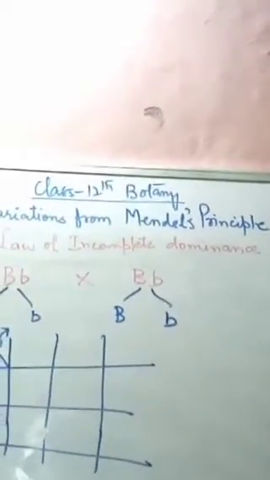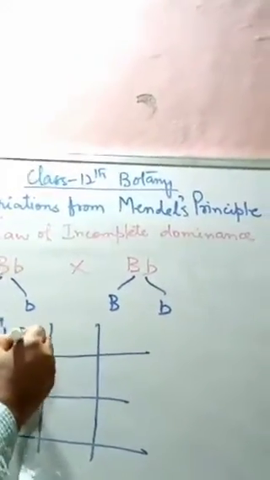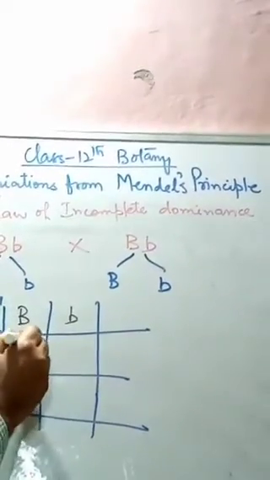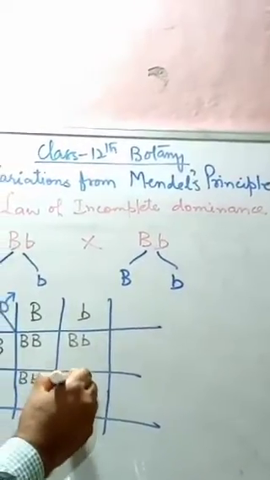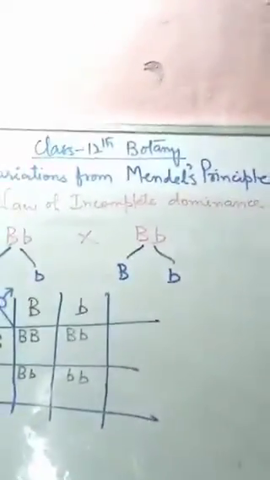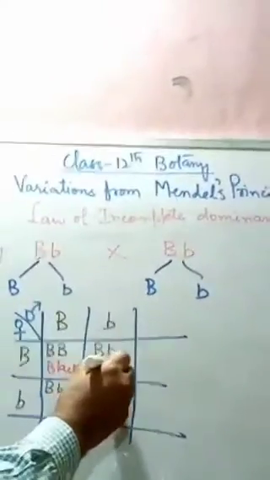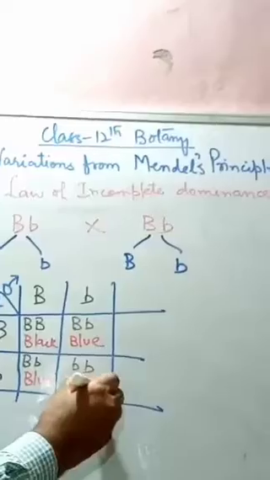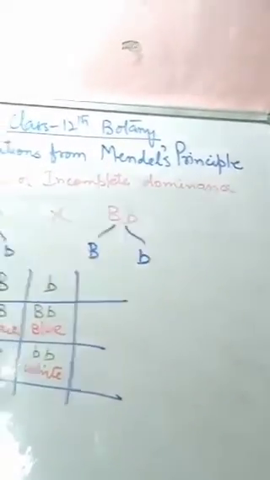Now from here also: capital B, small b, capital B, small b. This gives capital B capital B, capital B small b, capital B small b, and small b small b. This one will be black, it will be blue, it will be blue and it will be white. Now what will be the phenotypic ratio?